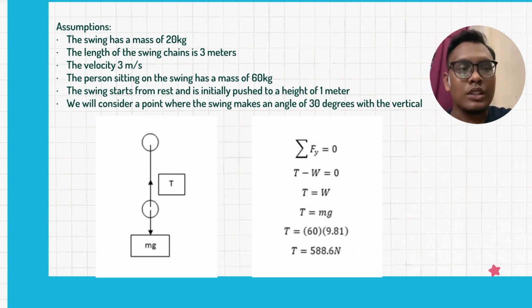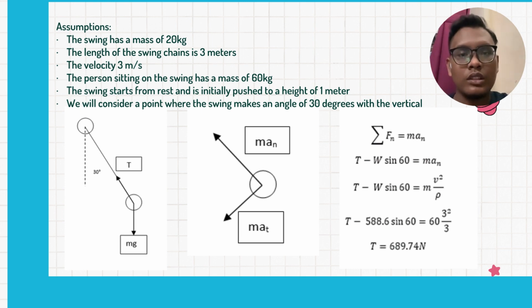So from situation 1, the tension on each chain is 588.6. If we want the value for both chains, we multiply by 2 to get the total tension of the chains. So we continue with the next situation.